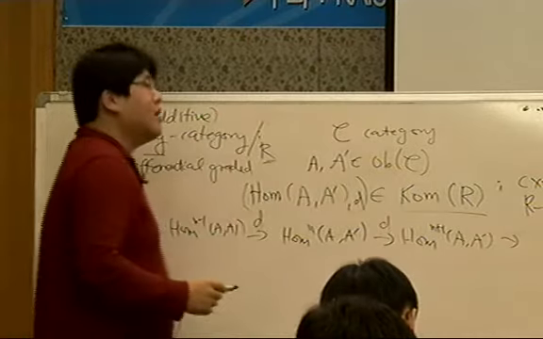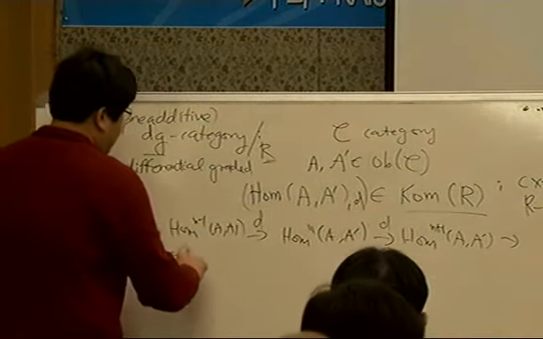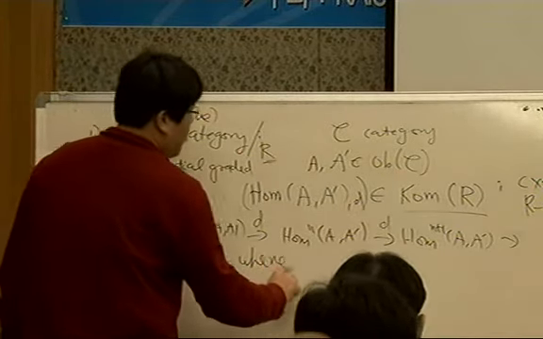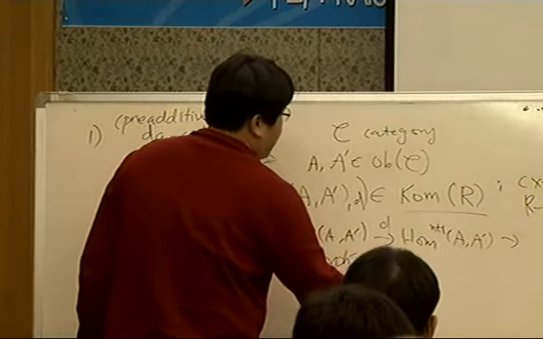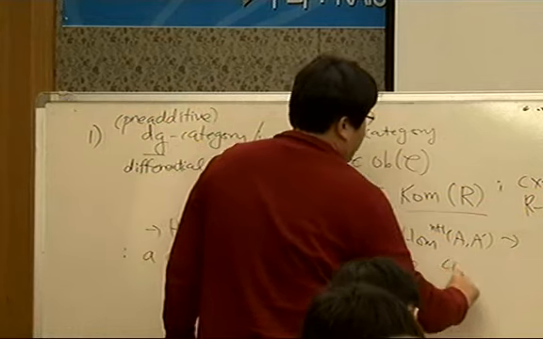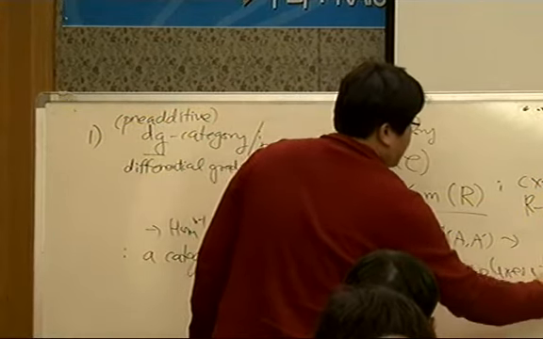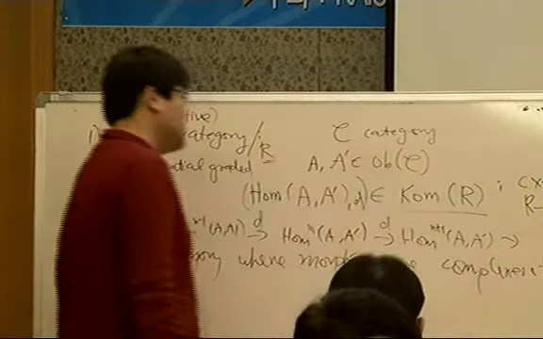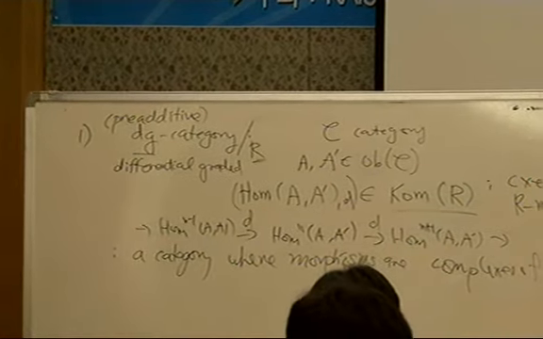So a DG category is a category where morphisms are complexes of R modules. Because complexes are differential graded, this is why we call it a DG category.